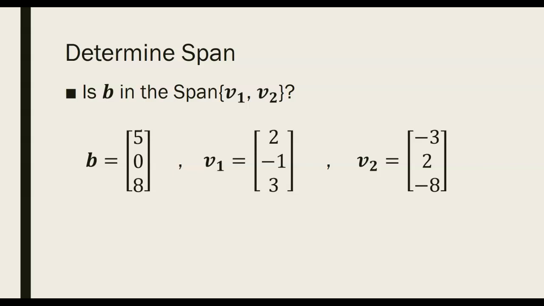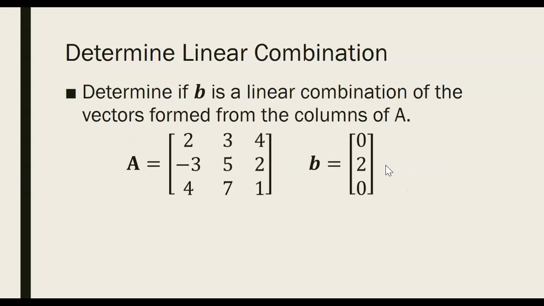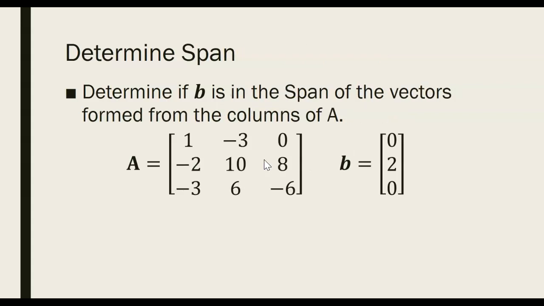Is B a linear combination of two vectors? Or is B a linear combination of vectors from a matrix? So that's what this 1.3 is all about. Okay? Next time we'll get into 1.4 and we're going to look at yet one more different way that we can associate vectors and matrices back to our system of linear equations. All right, so that's what's coming up next.